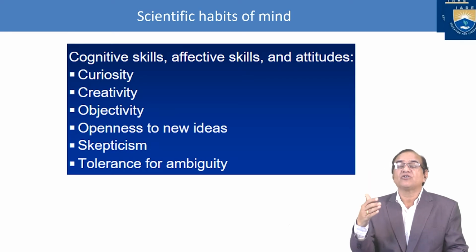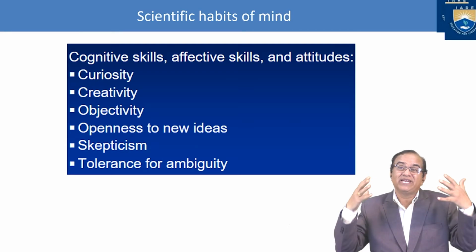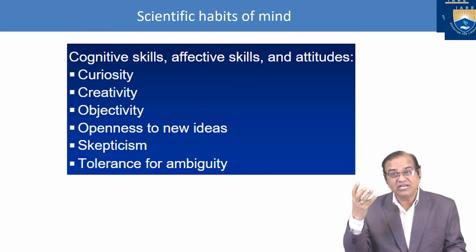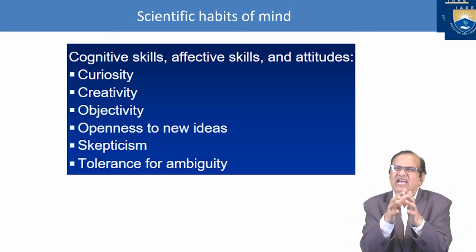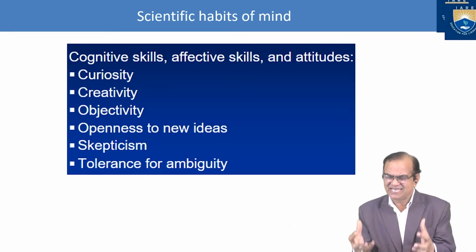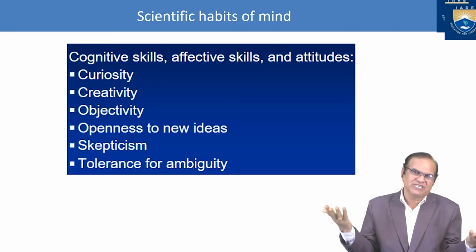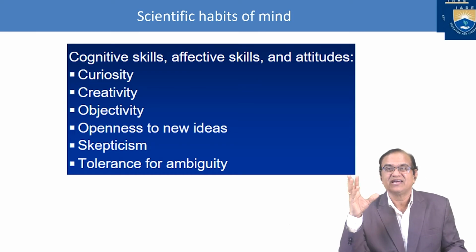Then it will also have objectivity. The mind will also have openness to new ideas. The mind should accept new ideas, not be very congested and say, I will not accept, oh, this is not good. No, first you see it and understand. If it is not good, you reject it. But don't just blindly reject.